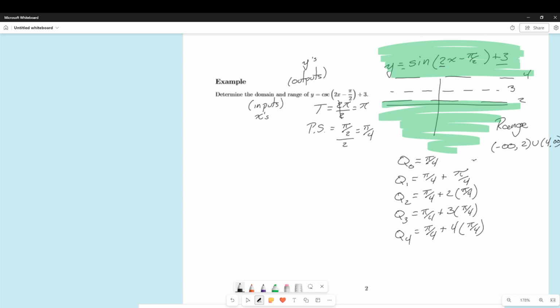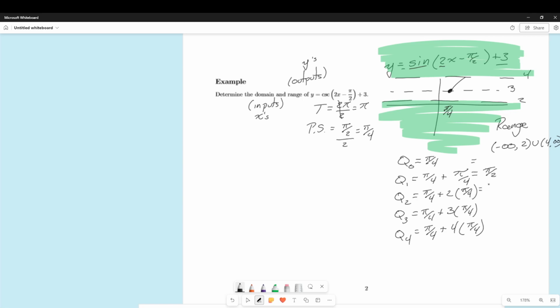So we're going to start at pi over 4, and we could even put a little graph there. We're going to start at pi over 4. And that's, again, because this is sine, we're going to start on our midline, so our asymptote is going to occur there. And then we're going to reach our maximum at pi over 4 plus pi over 4, which is pi over 2.